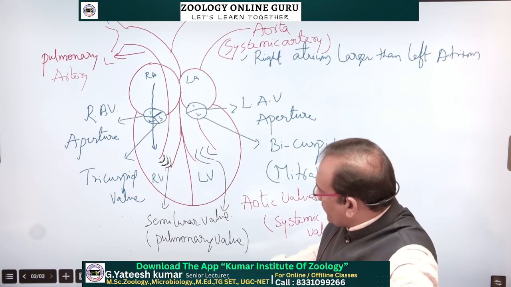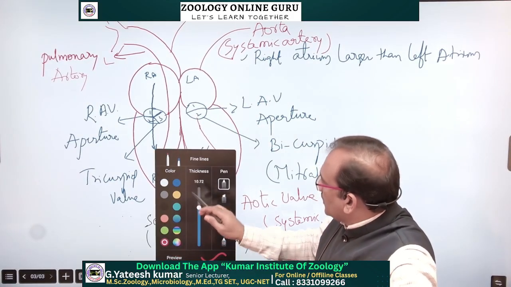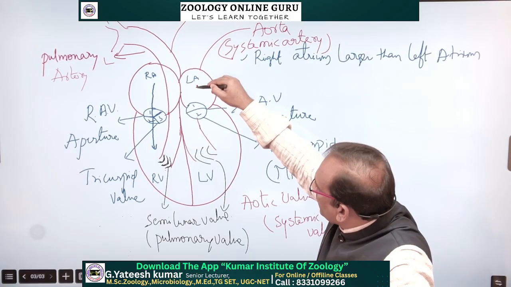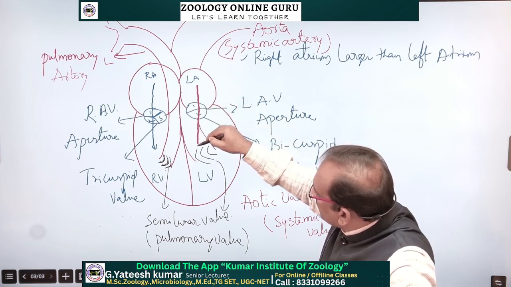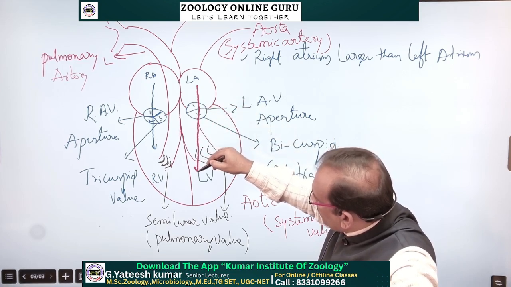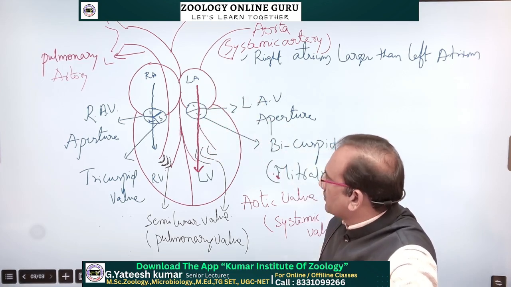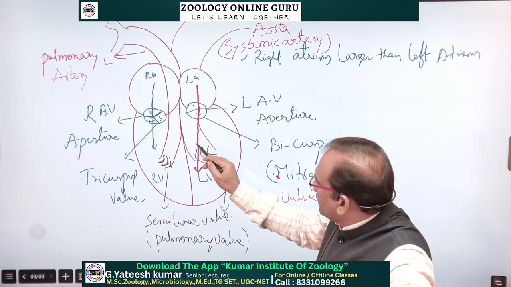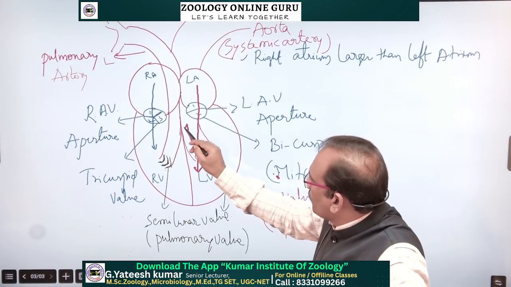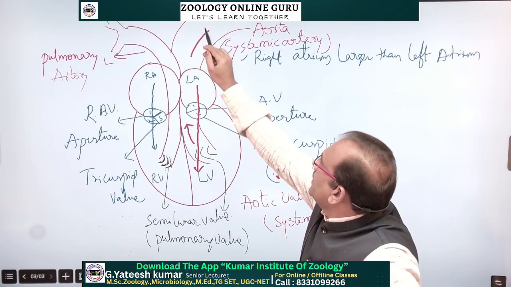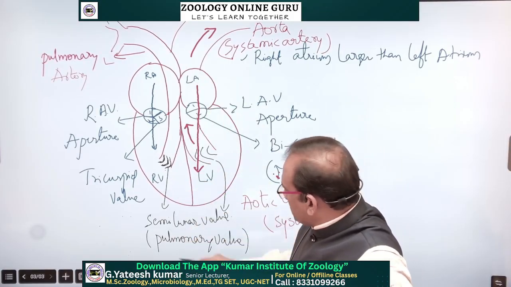And the blood from the left atria enters into the left ventricle only, and backward flow is not possible. And semilunar valves also allow one way direction of the blood, and backflow is not possible.